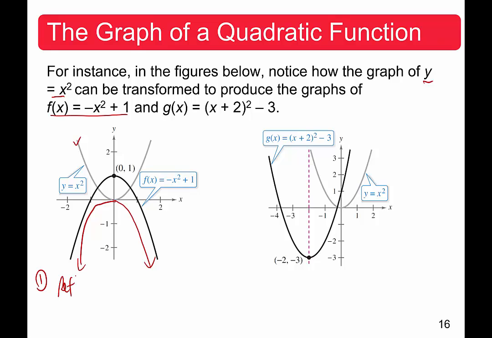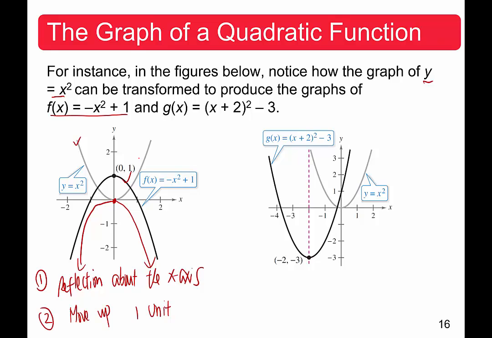Then that's step number 1. Then after that, we just shift the graph 1 unit upward. So move up 1 unit. Then we come up with the targeted graph, which is f of x.